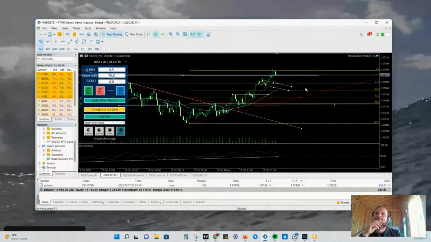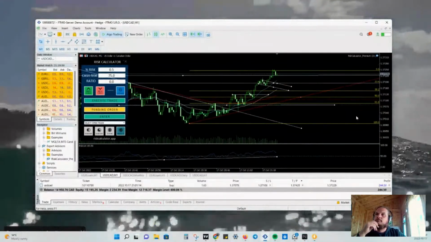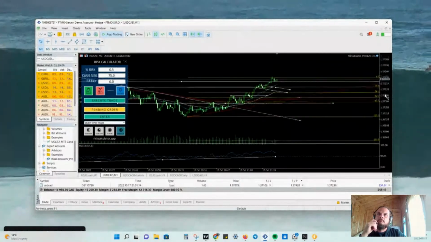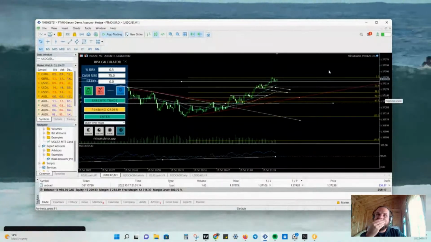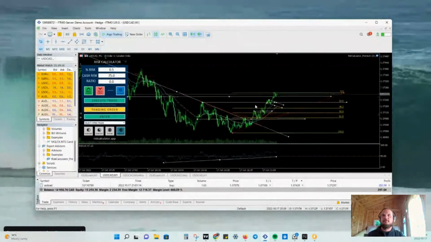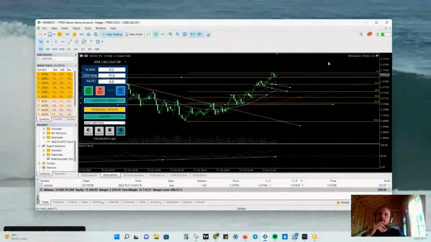Getting better. Patient. This setup, you find this two or three times a week, really, probably more, to be honest. It's not that uncommon.